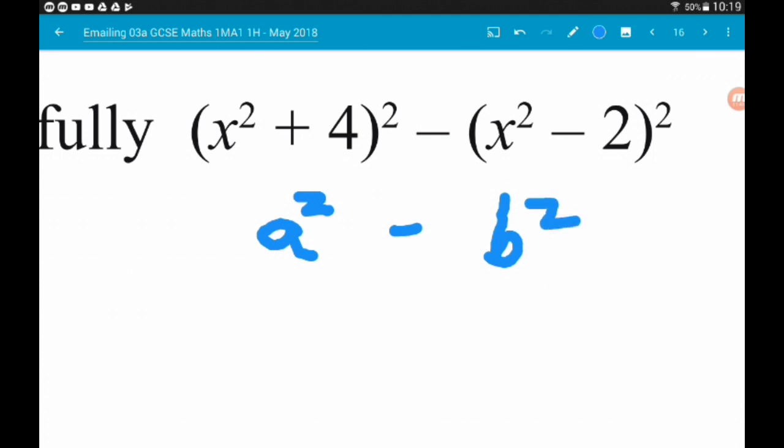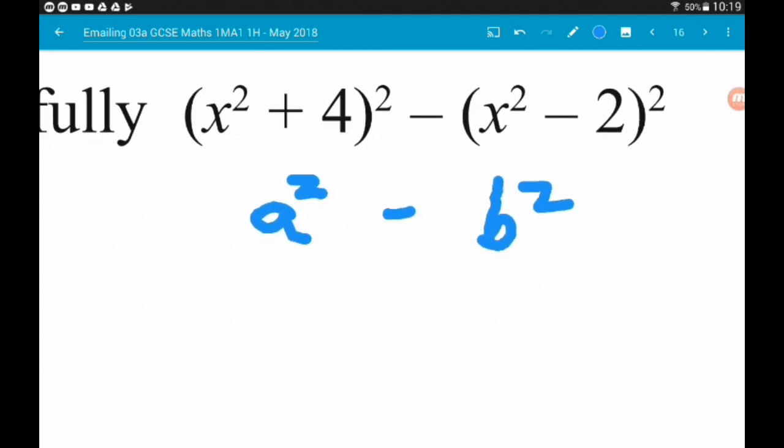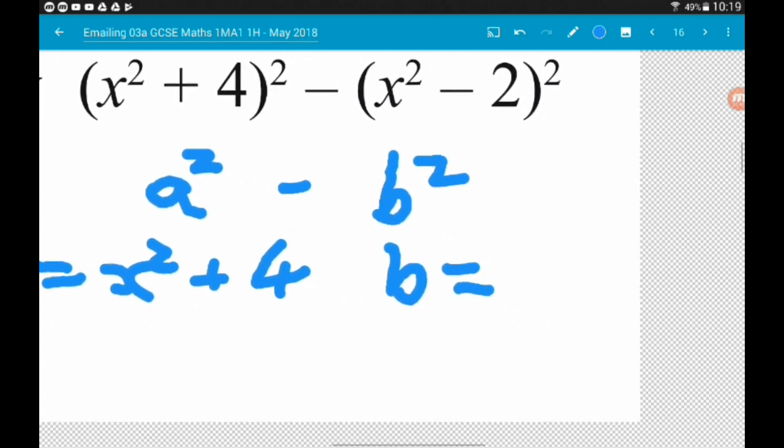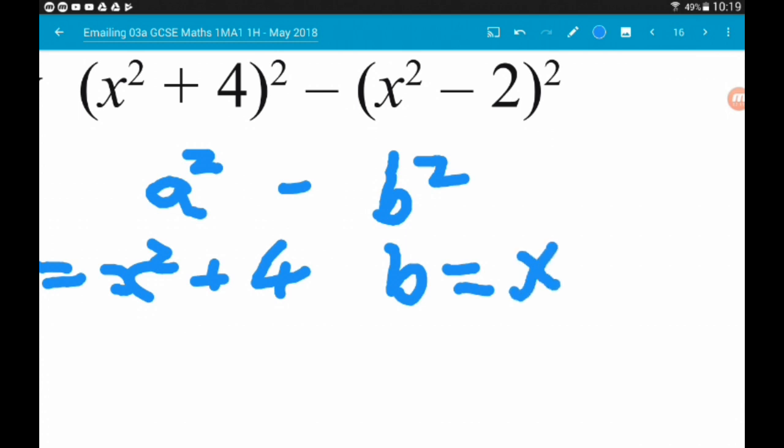So we've just said that to factorise this, we would do a plus b times a minus b. So if x squared plus 4 all squared is a squared, then a is x squared plus 4, and b, well, if b squared is x squared minus 2 all squared, then b is x squared minus 2.